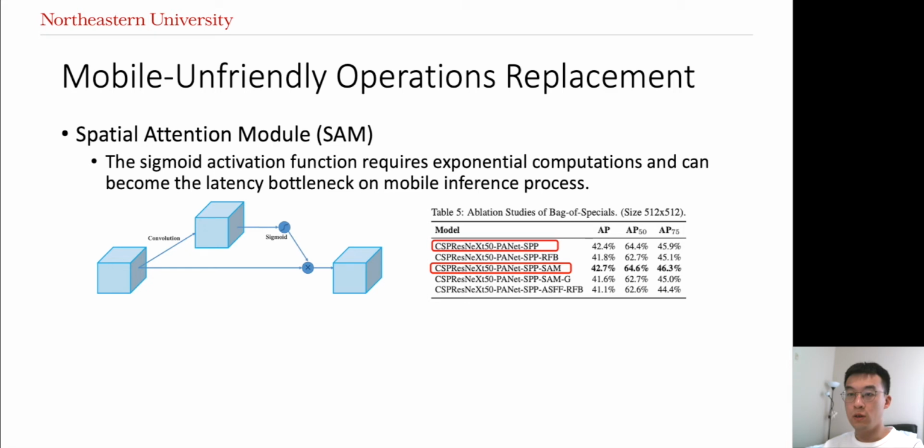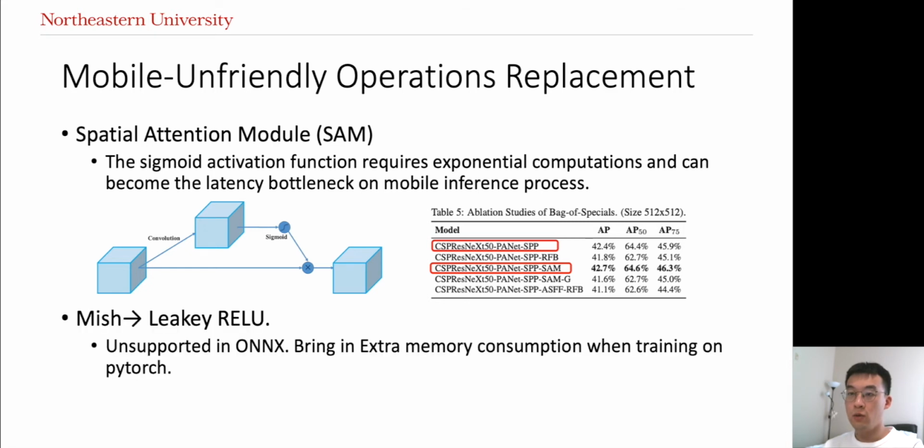We also changed the mesh activation function, which is also a new feature in YOLObile 4, back into leaky ReLU. It is not supported in ONNX, a format that we use to store the model structure and read on mobile devices. It brings in extra memory consumption when training on PyTorch, and therefore extends the training time.